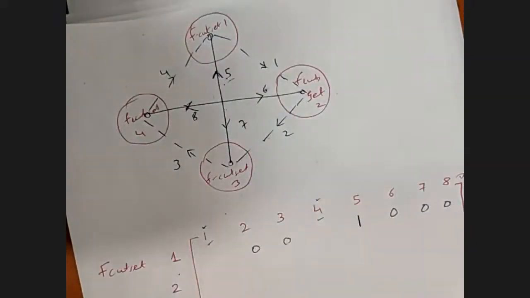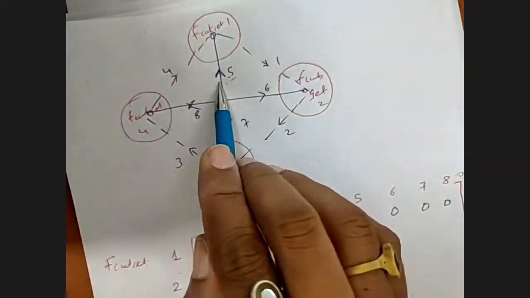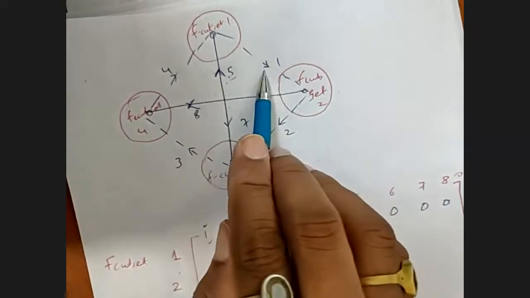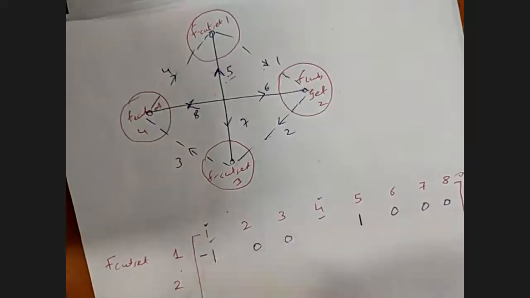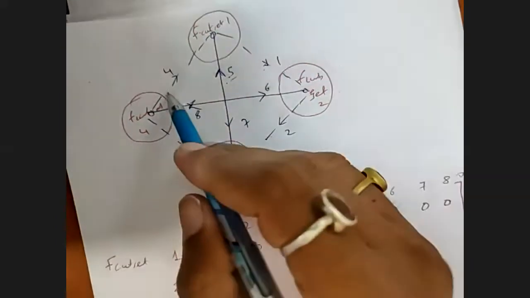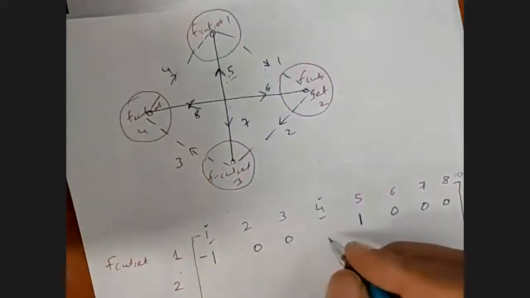It will be not incoming or outgoing; the direction of the twig will be taken as the direction of this cut set. So branch 5 is incoming to the circle. 1 is outgoing to the circle, that means minus 1. 4 is incoming to the circle, similar to 5, so it will be 1.